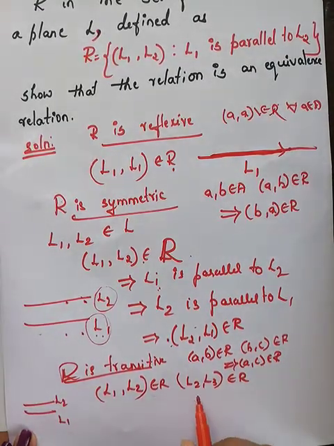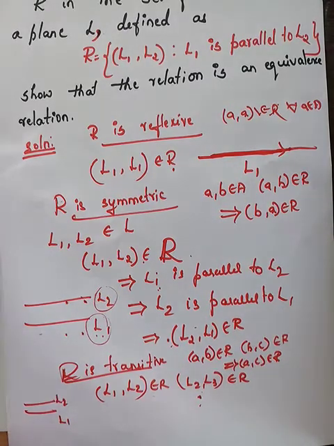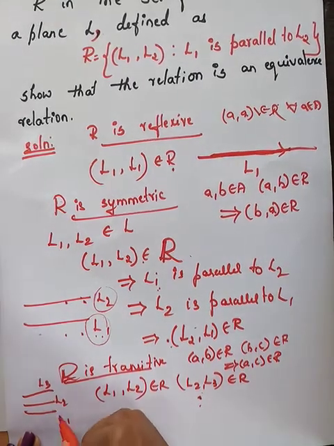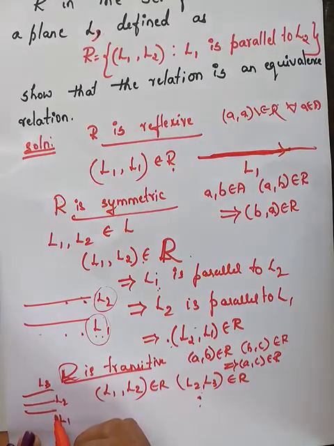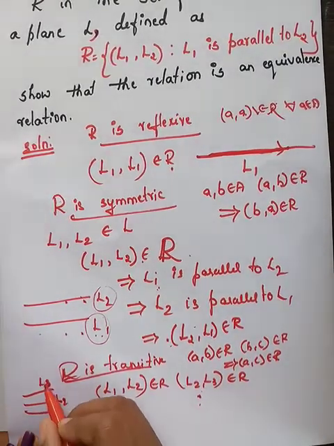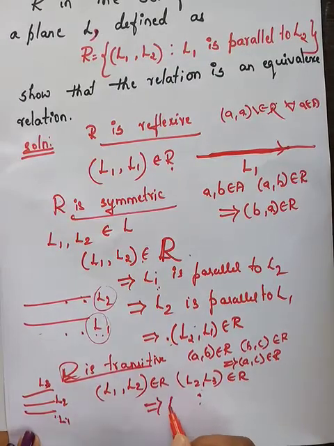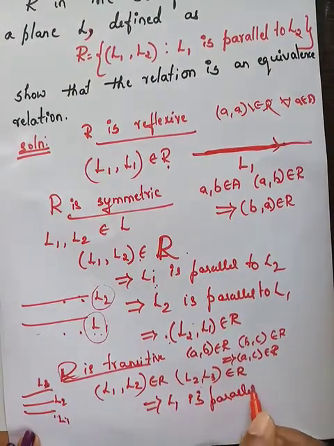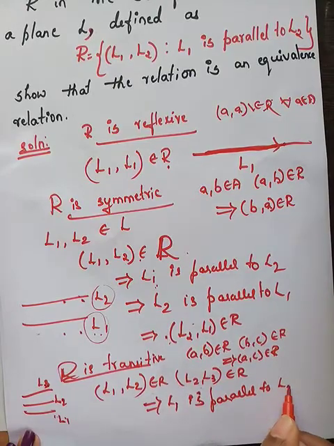Also (L2, L3) in R means L2 is parallel to L3. Now, can I say that L1 is parallel to L3? Yes, because if L1 is parallel to L2 and L2 is parallel to L3, then L1 is parallel to L3 as well.